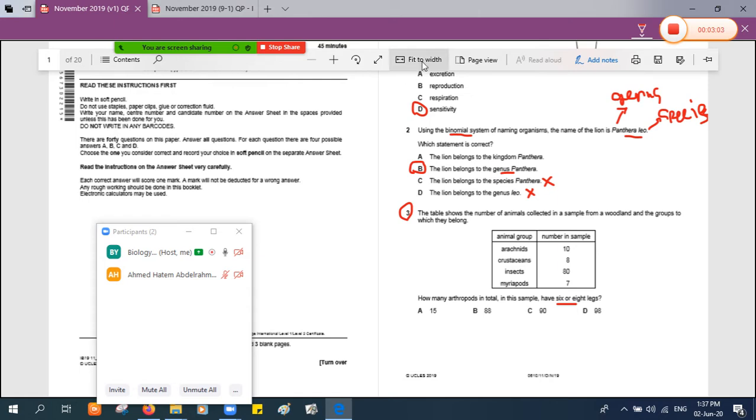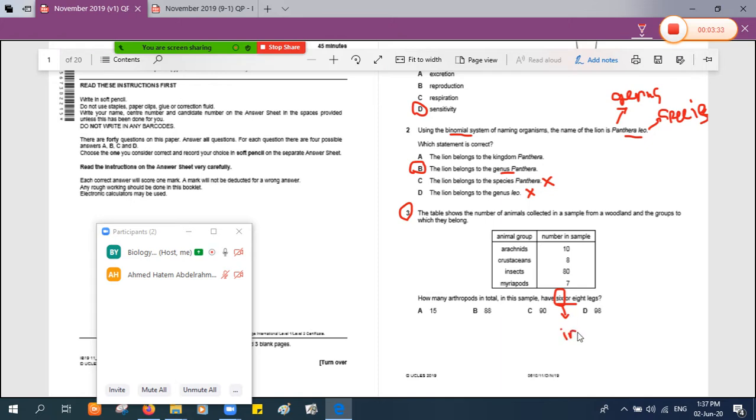Okay, think about it. Here in this question, he wants you to calculate the number of organisms that have 6 or 8 legs. 6 legs, this is for what group of animals or organisms that have 6 legs? They are insects, right?